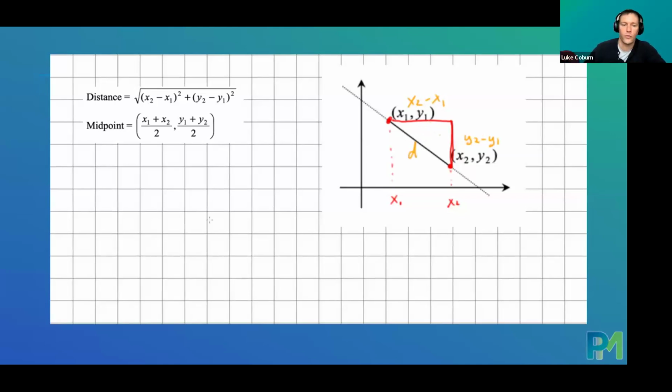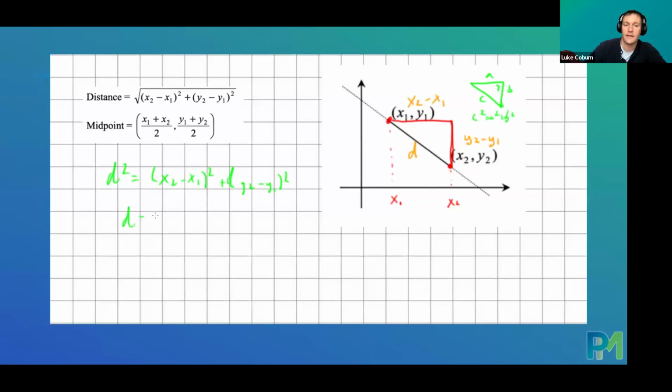Now, how do we get the distance? Well, if we were given any triangle with sides A, B, and C, then C squared is equal to A squared plus B squared, which is just Pythagoras theorem. So here, D squared is equal to (x2 minus x1) squared plus (y2 minus y1) squared.